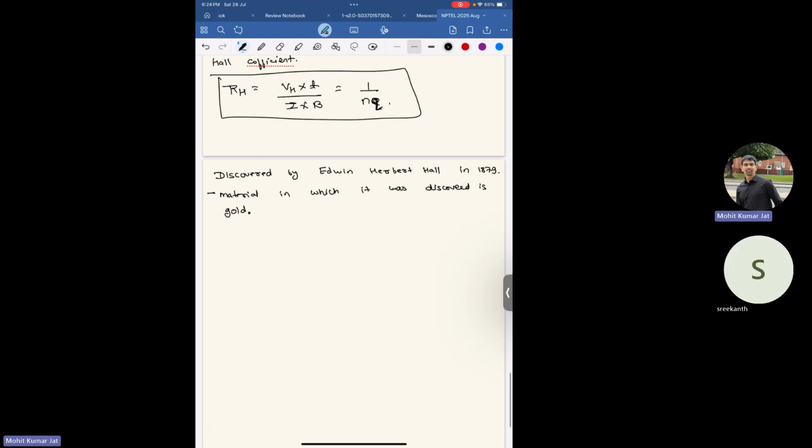So in summary, if I have to write what the Hall voltage is, we say that it is a transverse voltage which is developed across a current carrying conductor, it can be a conductor or a semiconductor, placed in a perpendicular magnetic field.